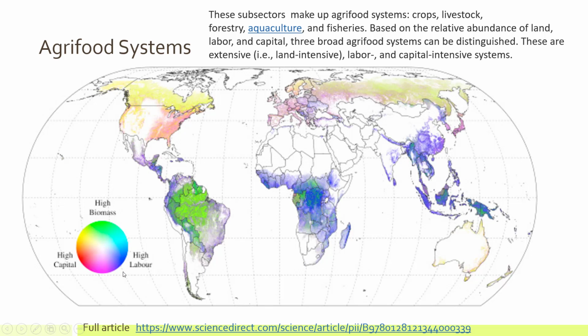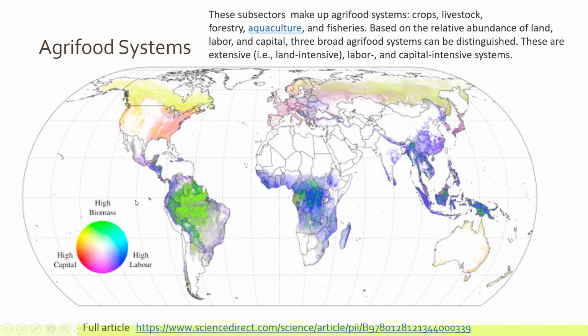And the colors that you see represented on this map are a combination of these different factors in what is being defined as an agri-food system. If you're interested in reading this article, here's the link down here. It is in the PowerPoint slides.